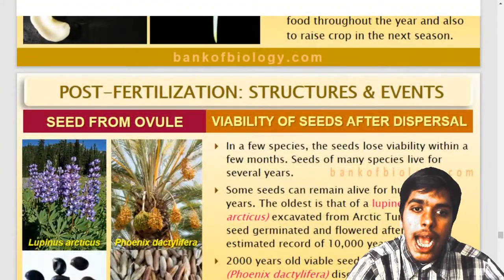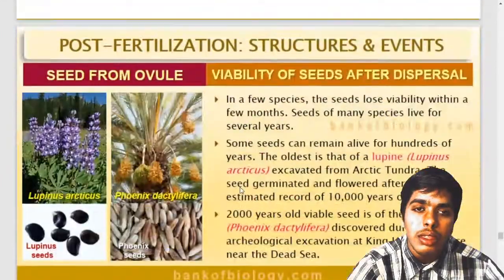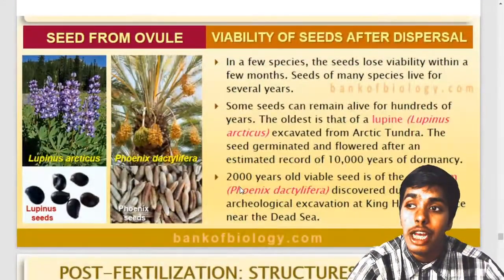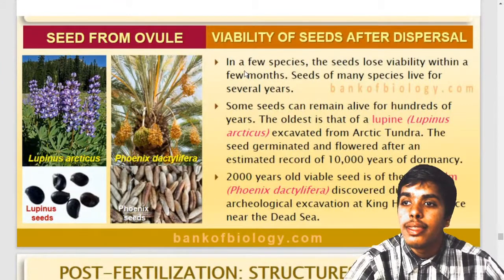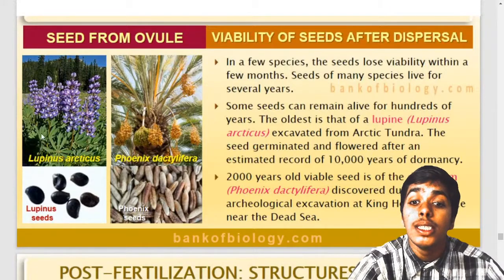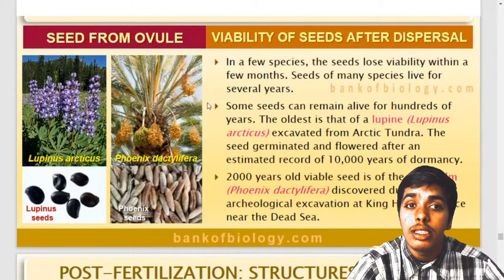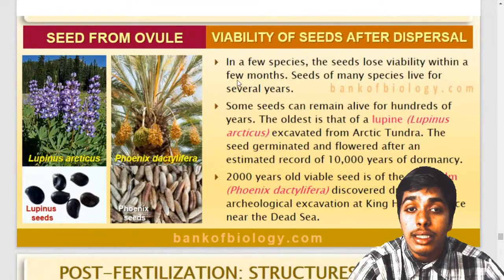Now, I think this is the last concept. In a few species, the seeds lose viability within a few months. Viability means the lifetime of the seeds. In a few species the seeds lose viability in a few months, while some live for many years.